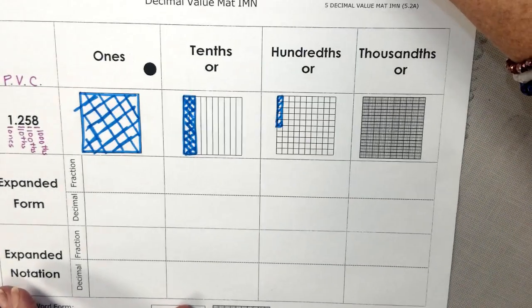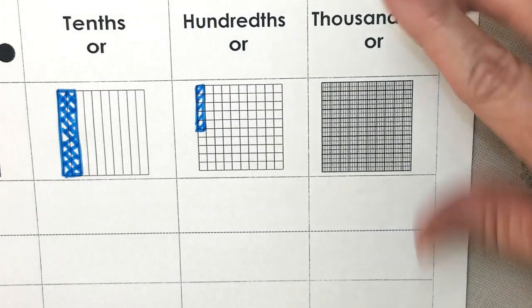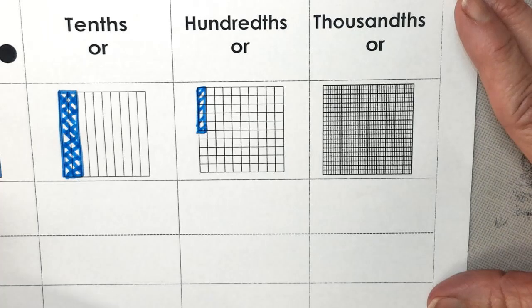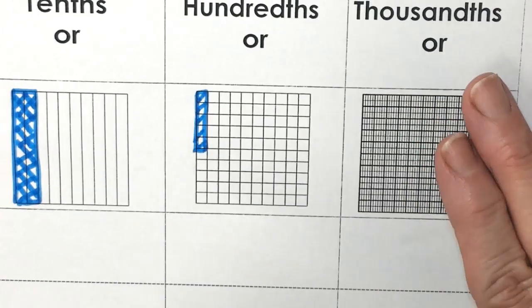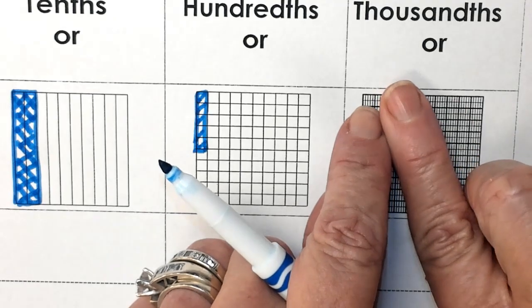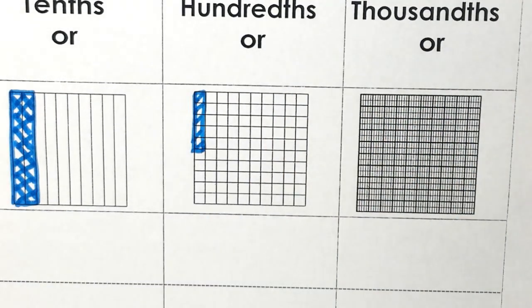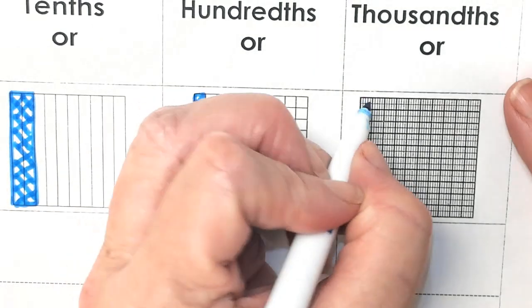And then in the last area, we have the thousandths. So I notice that I have an 8 in the thousandths, and because it's so super tiny, I'm going to zoom in. Each one of these little boxes right here has 10 in it. And I only need 8.